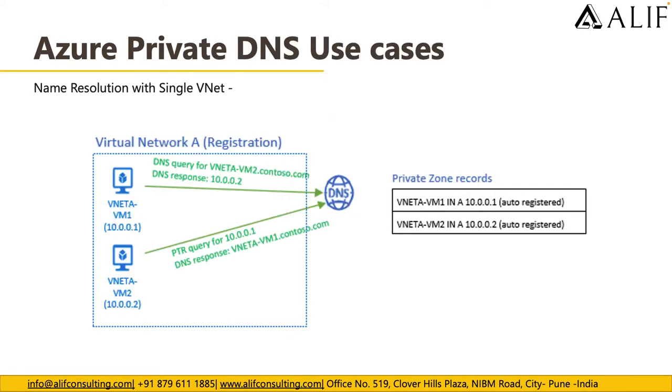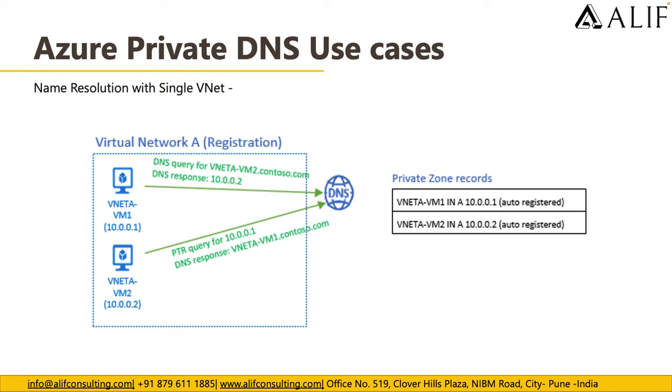Next is the case study. We are going to cover three case studies with different scenarios. The first scenario is a single VNet with Azure DNS. Here you have auto registration enabled on the DNS with virtual network integration.